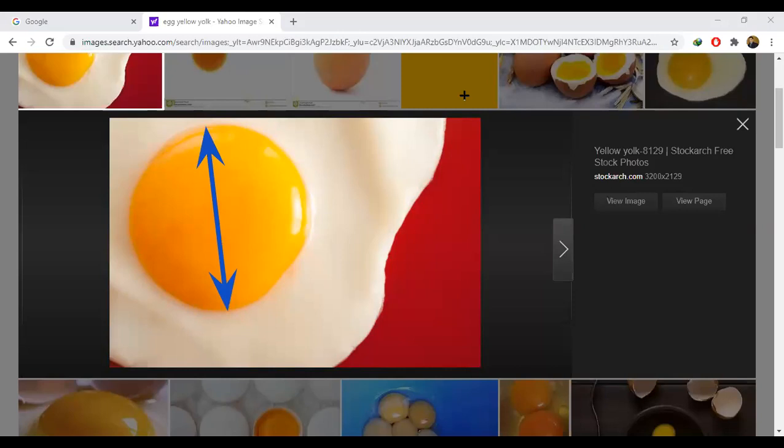Egg white is not cellular. Egg white is a protein. It is not cellular, but this is a cell. From this single cell, a chick grows out.